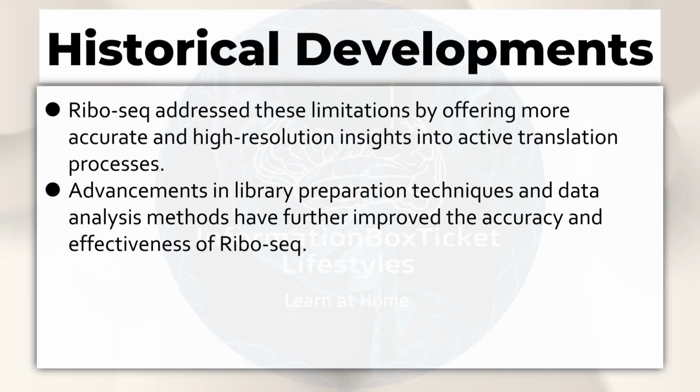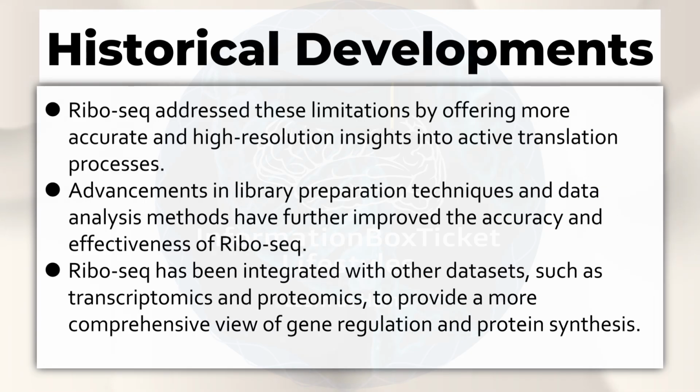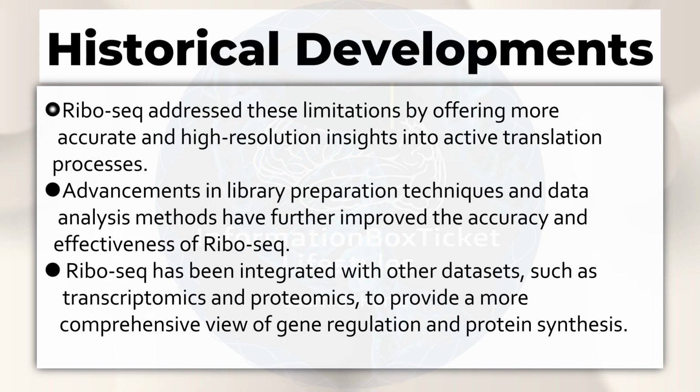Advancements in library preparation techniques and data analysis methods have further improved the accuracy and effectiveness of ribosome sequencing. Ribosome sequencing has been integrated with other datasets, such as transcriptomics and proteomics, to provide a more comprehensive view of gene regulation and protein synthesis.